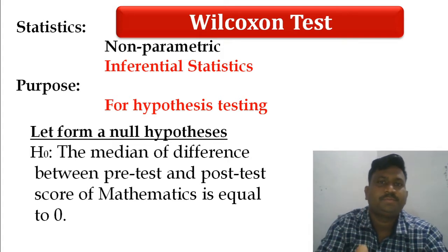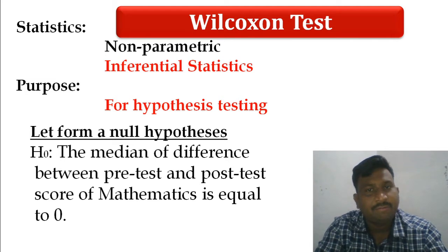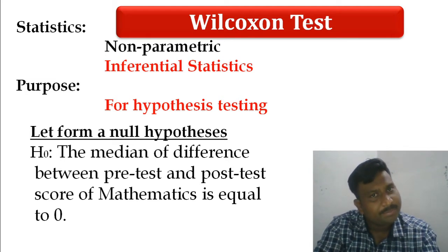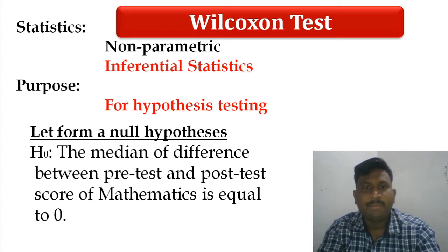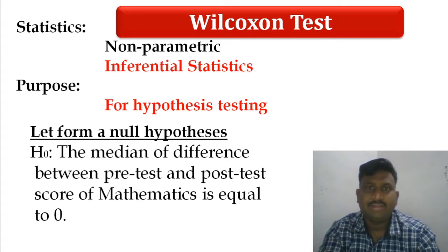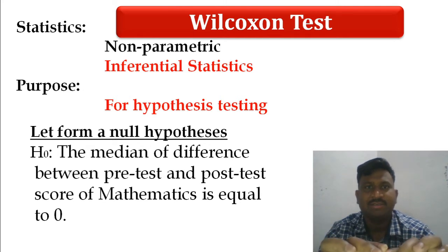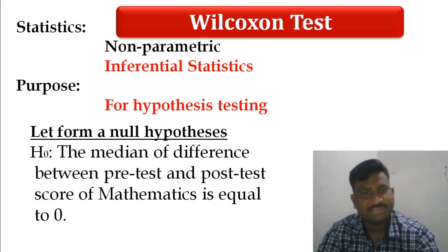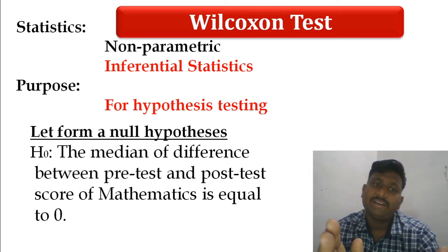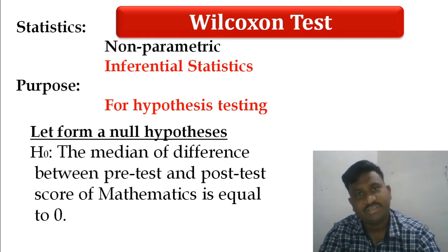So in Wilcoxon test, we take the median of the sample before treatment, before experiment, and the median after experiment. Then we see the difference between median 1 and median 2. If it is equal to 0, it means the null hypothesis is accepted. If the median is significantly improved, it means the treatment, the experiment, has a positive effect.